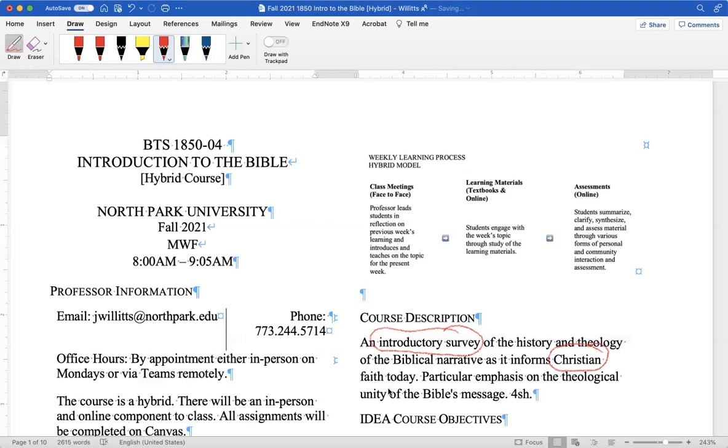Finally, the third category, not only an introduction or being conversant, not only Christian, but unity, the unity of the Bible's message. This course presumes that the Bible has one big mega story that begins in the first book of the Bible and ends in the last book of the Bible. Now we'll discover that the Bible isn't written in chapters.